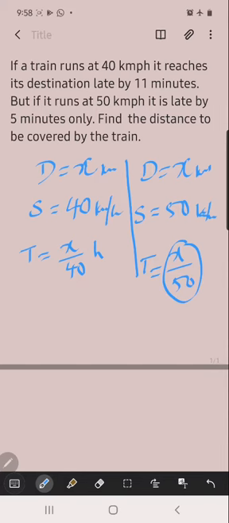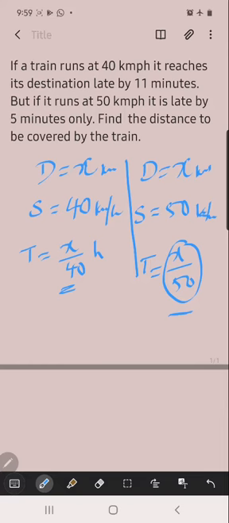But why do we have to find the time? Because we have to take the time difference, because the equation is very important. We know distance, speed, time, but how to form the equation is very important. For that, we take the time difference. This is the time at 40 kilometers per hour, and this is the time at 50 kilometers per hour.